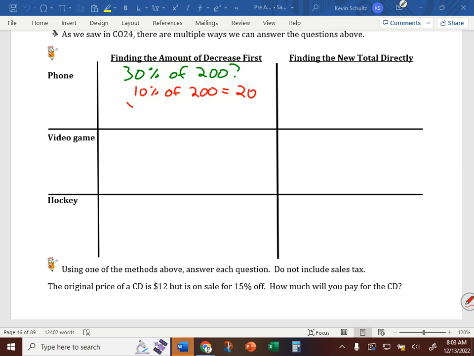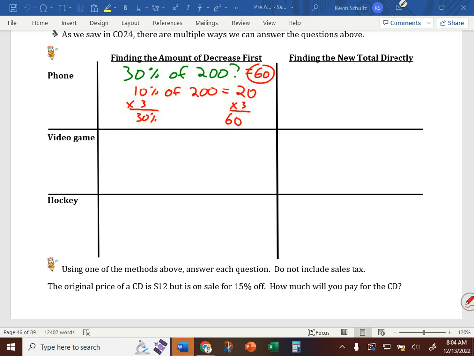So we're going to multiply 20 by 3 to get what we want, which is 30%, which is 60. So back to our original question, 30% of 200 is 60. And we use the percentages method to find that.